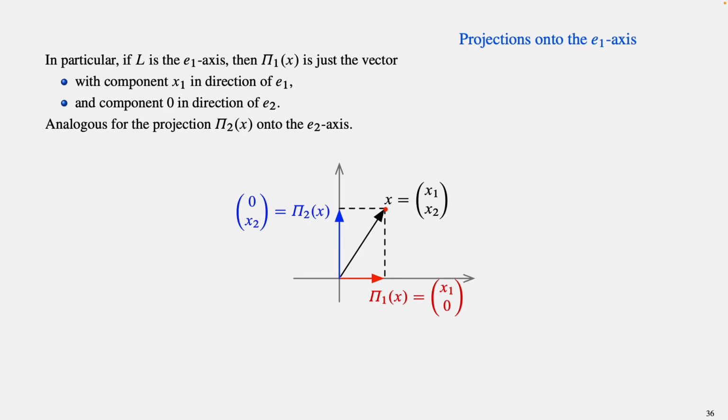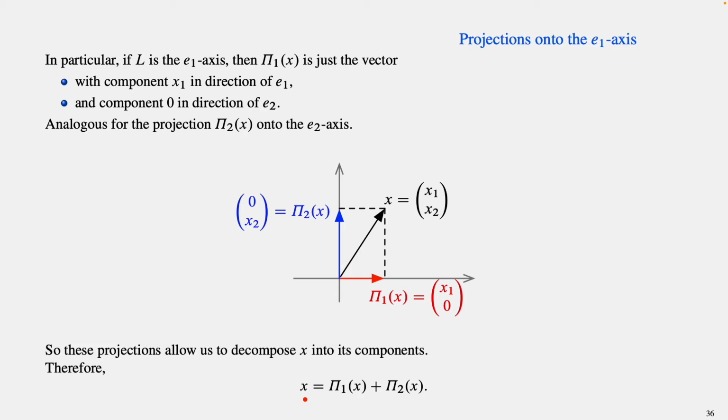And similarly, projecting it onto the second coordinate axis means mapping it to the vector 0, x2. So projections allow us to decompose a vector into its components with respect to the coordinate axes. We can reconstruct x by adding the two projections on the coordinate axis.